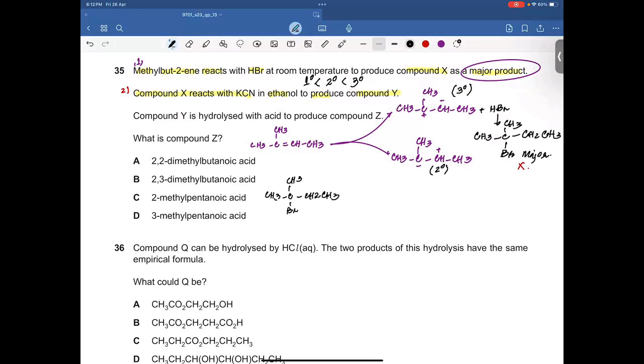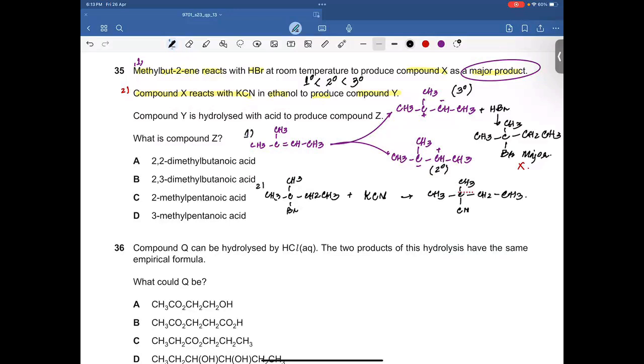If you react this compound with KCN in ethanol, obviously a nucleophilic substitution reaction takes place, and as a result, bromine is replaced by CN. This is going to be your CN. This is CH2, this is CH3.